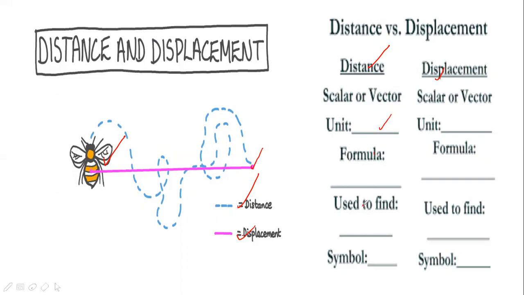Which instrument is used to find distance? Symbol. Similarly for displacement: write scalar or vector, write the unit, write the formula, which instrument is used to find displacement, and symbol. You will do it as a home assignment.